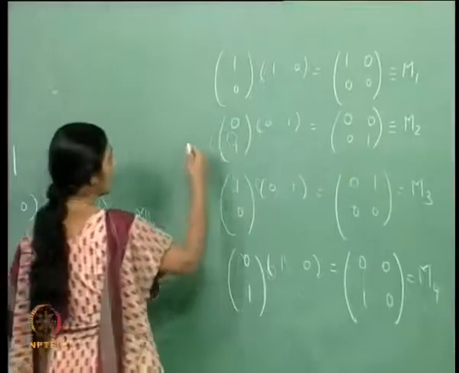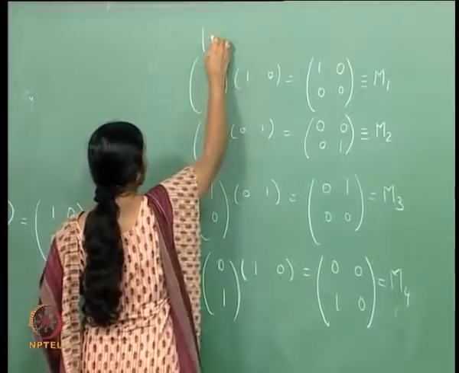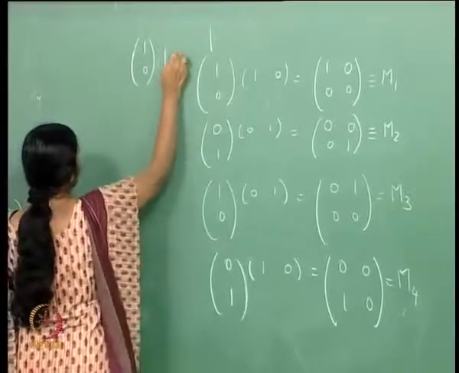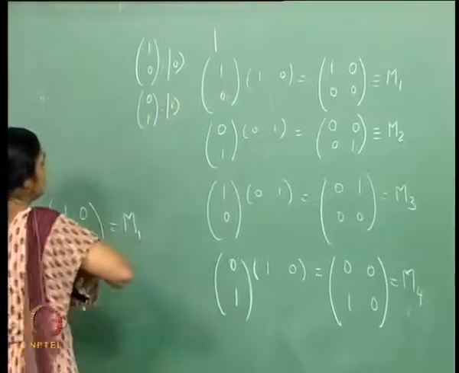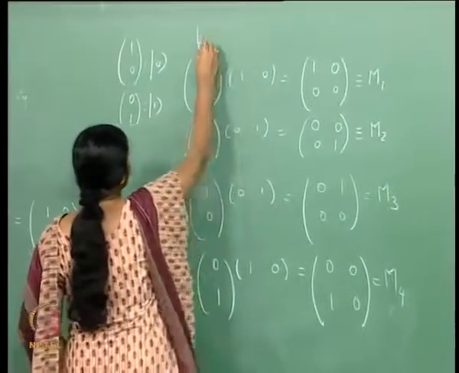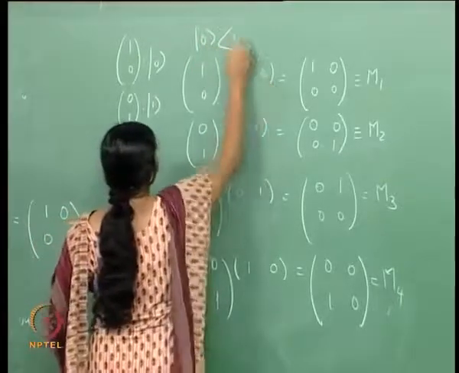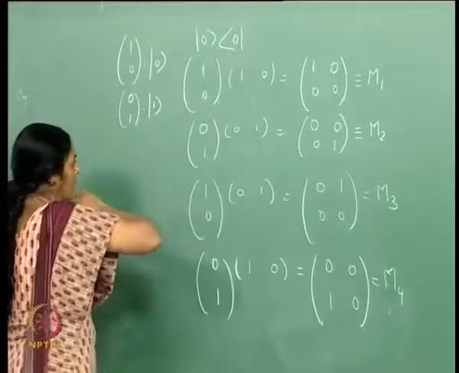Notation, the Dirac notation. This is 1 0 in my notation was ket 0, and 0 1 was ket 1. So, this is ket 0 and that is ket 0. So, this is the operator or the matrix M1.